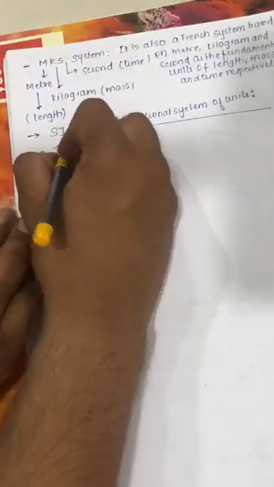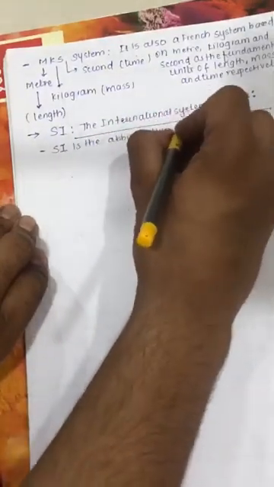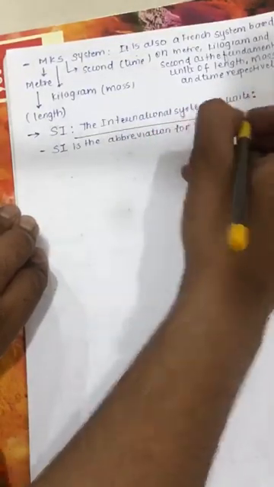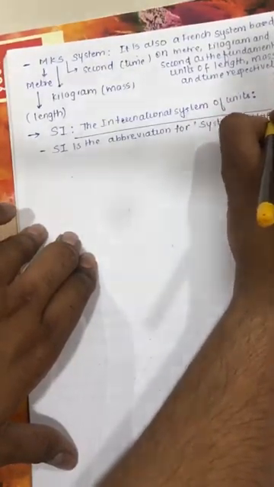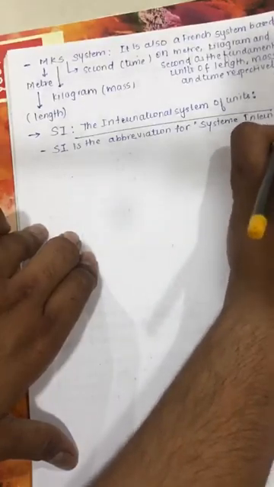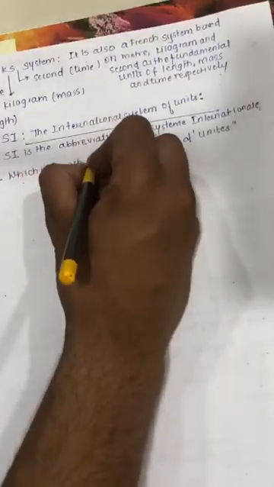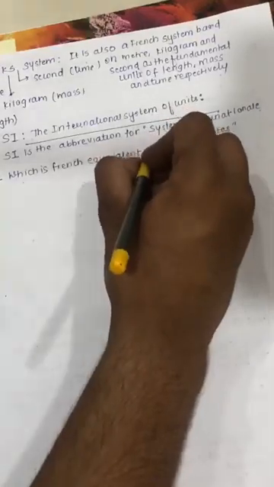SI is the abbreviation for Systeme International, which is the French equivalent for International System of Units. Hope it is cleared.